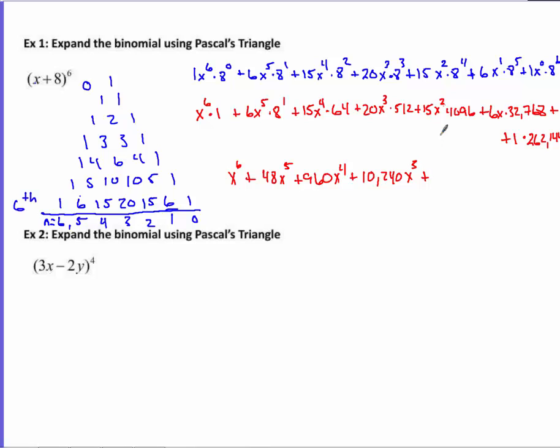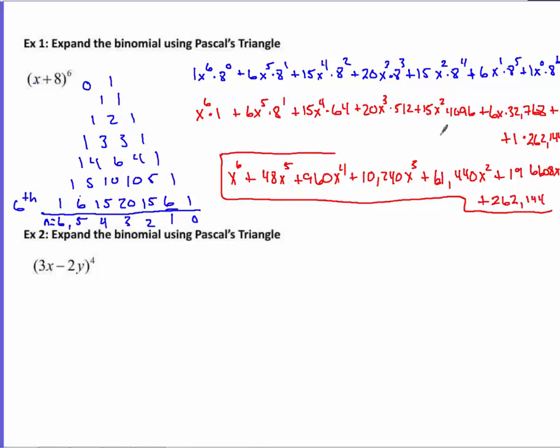Okay, 15x squared times 4,096 is 61,440 x squared. 6x times 32,768 is 196,608x. And we're still going to be plus 262,144.